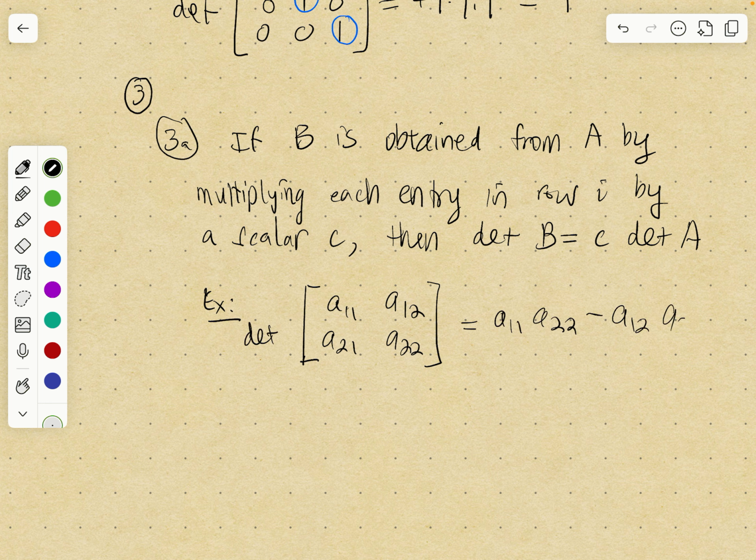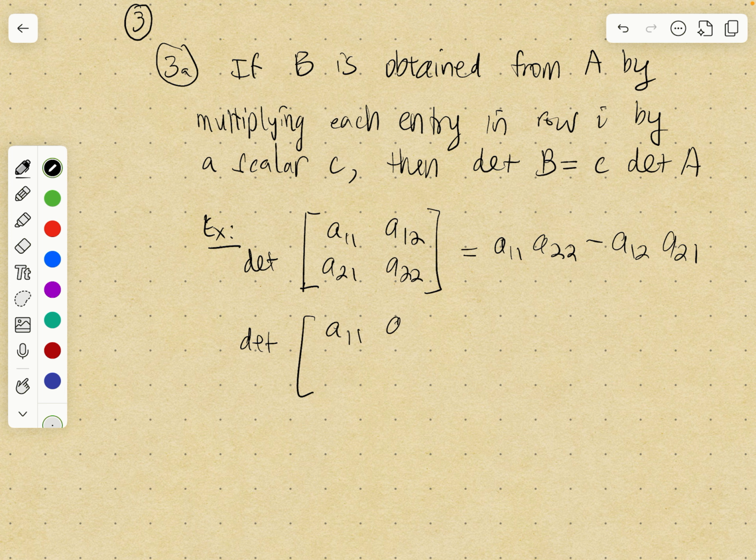Now if you take, say, the second row, it doesn't matter which row, but let's say for this example that you took the second one and you multiplied it by C, okay, then if you take this new determinant, well, you're going to get this number times this number minus this number times that number.